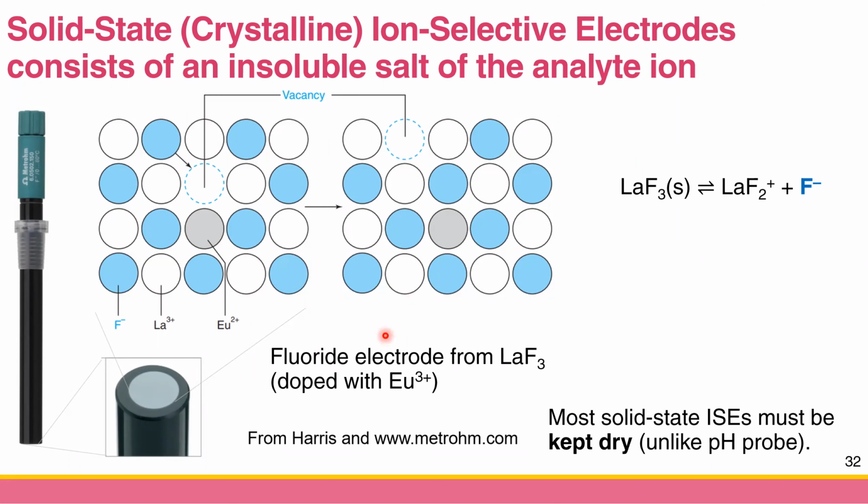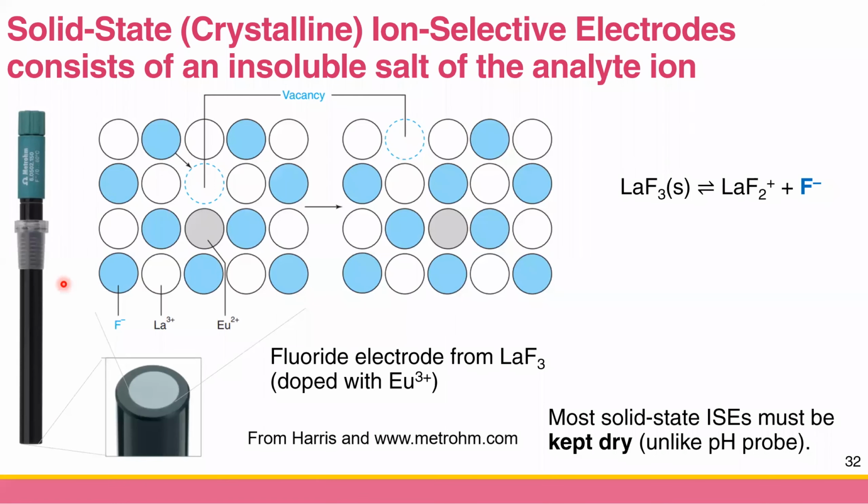And the solubility equilibrium of this one is LaF3, which gives you the LaF2 cation plus the fluoride ion. So if you have fluoride ion in the internal solution at one concentration, and fluoride ion in the external solution or your test solution, then you can generate the membrane potential.